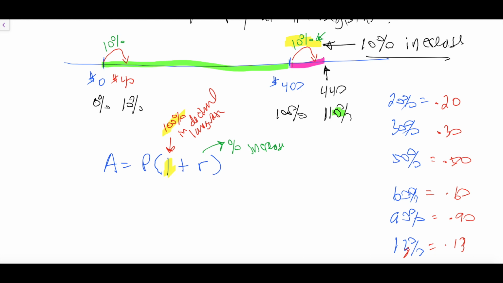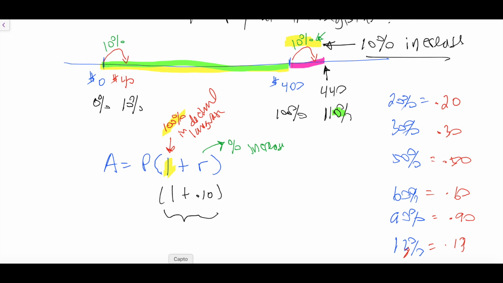The beauty of this 1 is it makes your starting point. And when you tack on your 10% in decimal language, that's my percent increase. But together, what does that make?